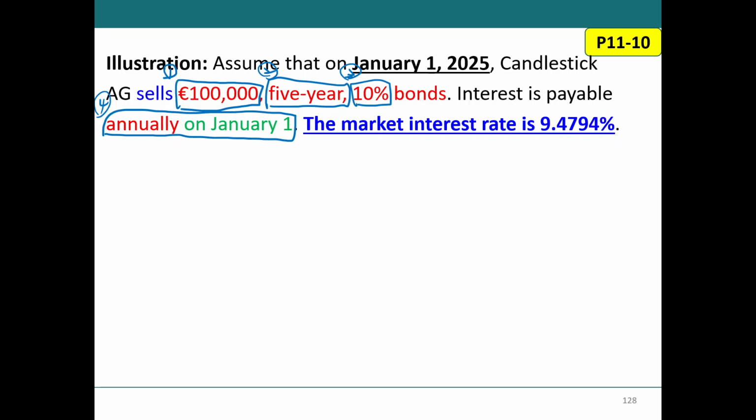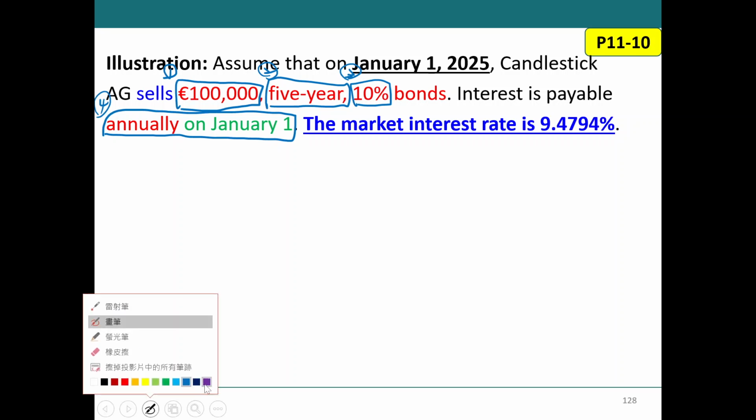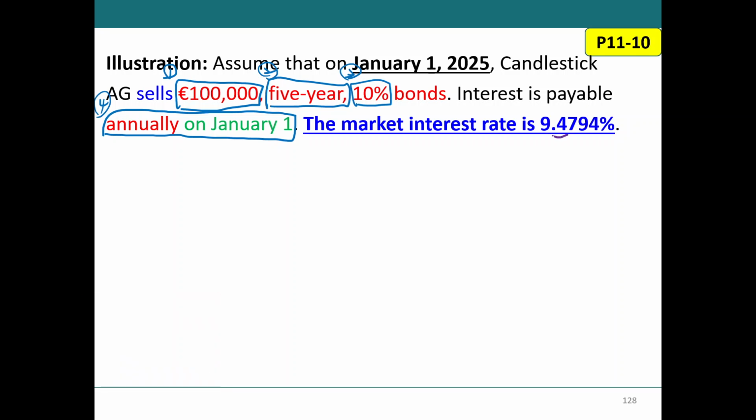So same product right here, but the problem is we go to ask the second investor, right? So second investor, what do they want? Market interest rate is what they want, right? So they want 9.4794%. So before you do anything, you have to understand, based on this case, is your bond issue at premium or issue at discount?